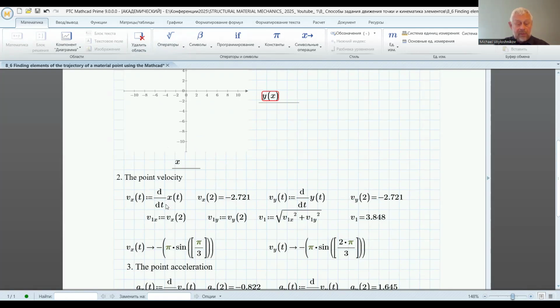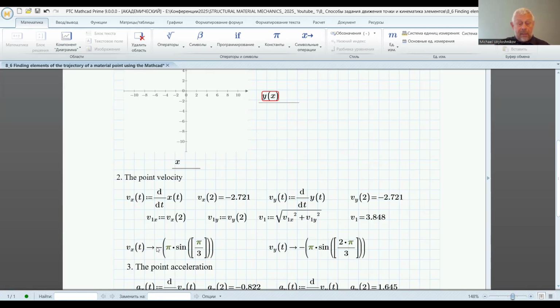So the Mathcad can do that, and after that we can find the components of the velocity for the time assigned equal to 2, and by the Pythagorean theorem, under the root of the sum of two squares, we can find the total velocity.